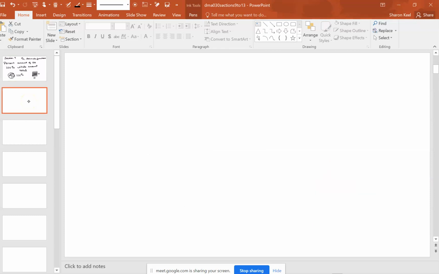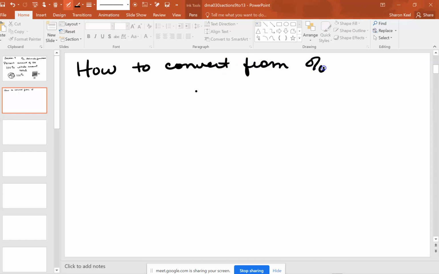Now, if you're asked how to change a percent to a fraction, I'm going to show you handwritten how to do these, and then I'm also going to show you some things using the calculator. How to convert from a percent to a fraction.